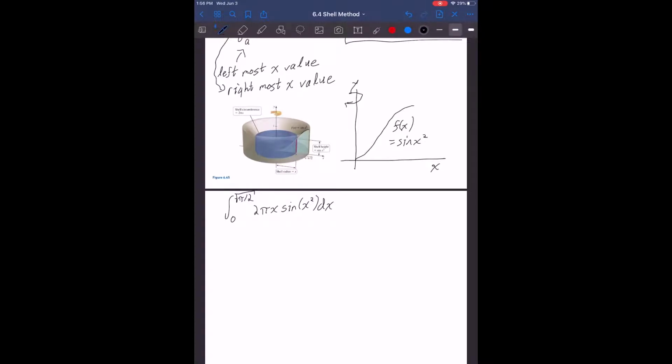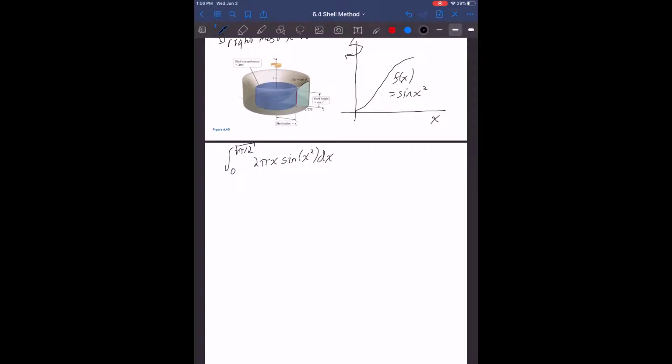Okay, so when you see this, your first thought should automatically be to do u substitution on this problem, right? We have a function inside of another function. We have this x squared inside of the sine function, and so we can use u substitution in order to make the x squared just a u, and then we can also use that to get rid of the x on the outside that we're multiplying the sine of x squared by.